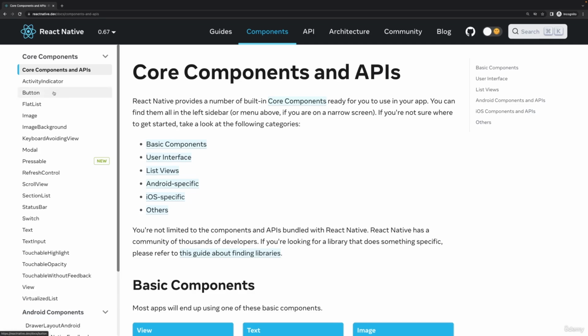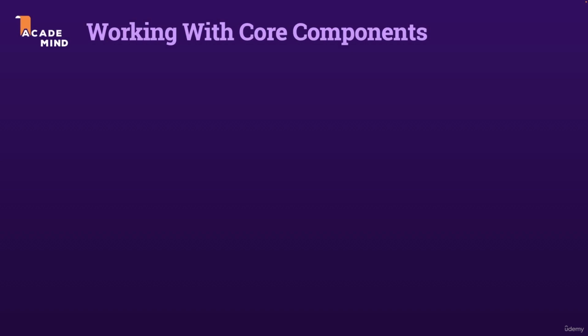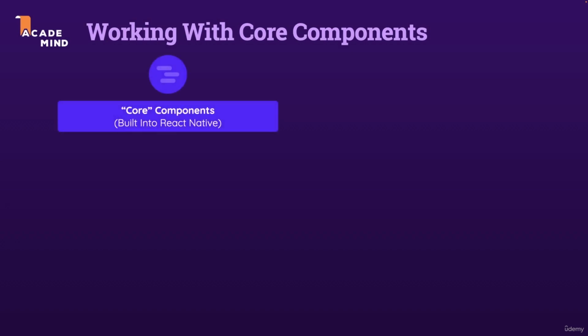For example, we got a button here, an image, and Text and View. And especially View and TextInput are super important components which you will use all the time. And as you will learn throughout this course, you can build very complex user interfaces with those core components that you have here.